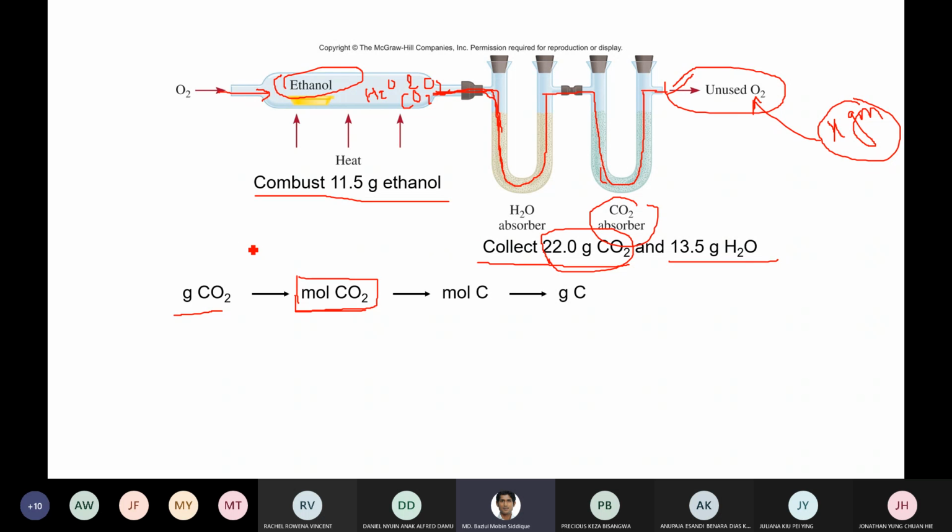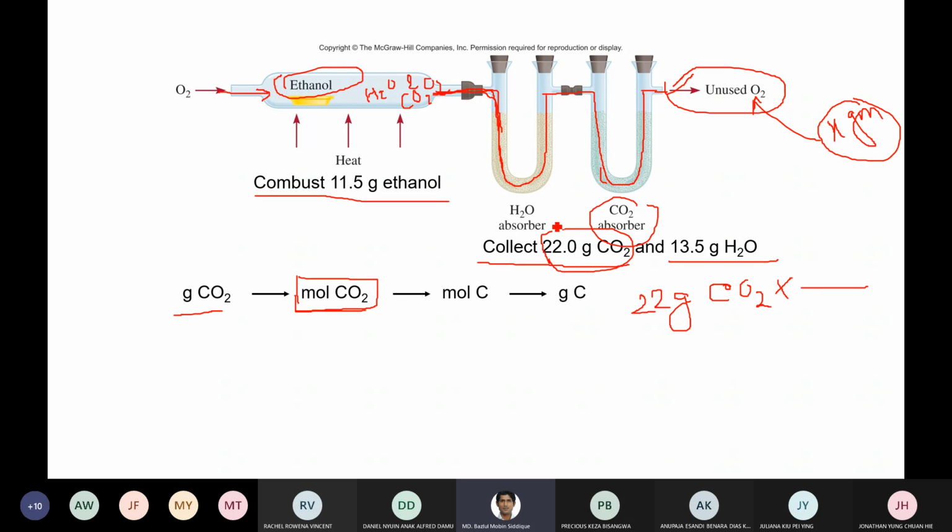So for 22 gram of carbon dioxide, if we do the unit factor level calculation, how do we find the number of moles? In factor level calculation, we put the desired unit on top, the numerator.